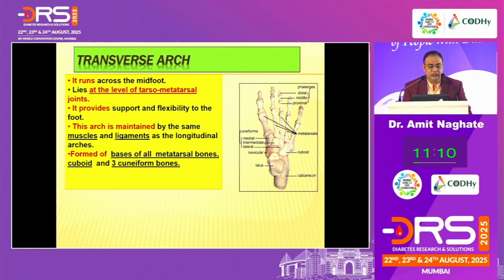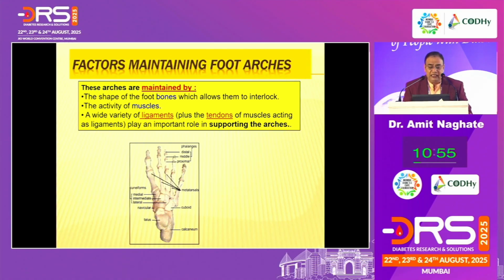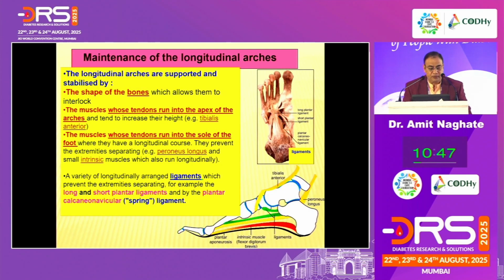The transverse arch runs along the midfoot, lies at the level of the transmetatarsal joint, and provides support and flexibility of the joint. The arch is maintained by muscles and ligaments, as the longitudinal arches are. The major factors maintaining the arches are your bones, which interlock with each other, muscles, and ligaments.